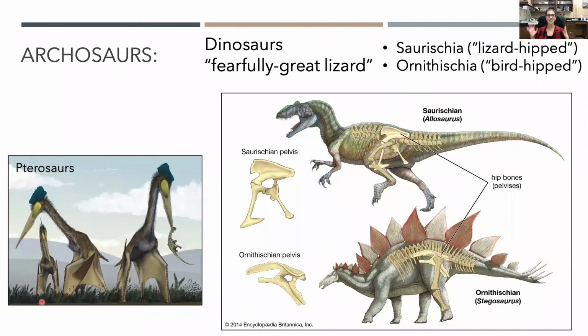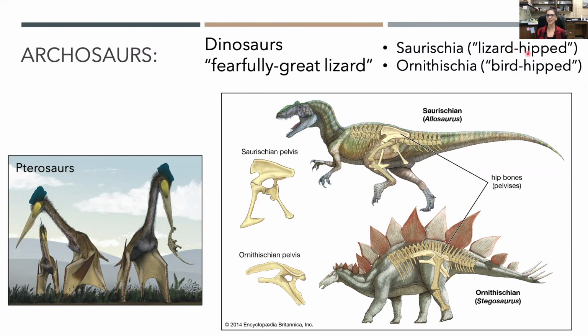First, we have the dinosaurs. The dinosaurs are archosaurs. We also have within this group the pterosaurs as well. Dinosaur means fearfully great lizard. And we have 2 subdivisions within the dinosaurs: the lizard-hipped dinosaurs and the bird-hipped dinosaurs.